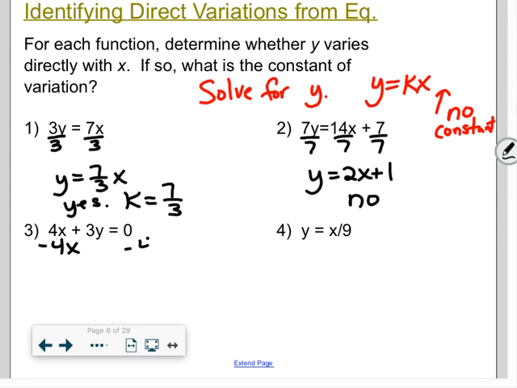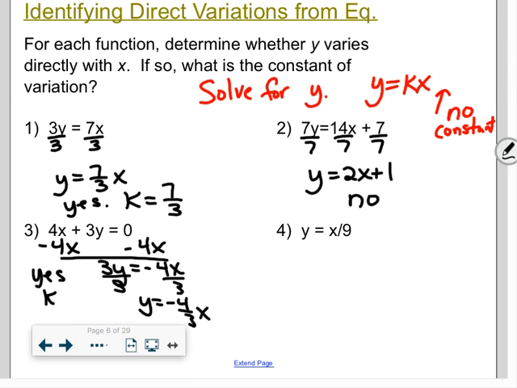Number 3, subtract 4x, and I get 3y equals negative 4x. Okay, you're trying to solve for y. You want to get y alone. Divide by 3, y equals negative 4/3 x. So this is a yes, and k is -4/3.